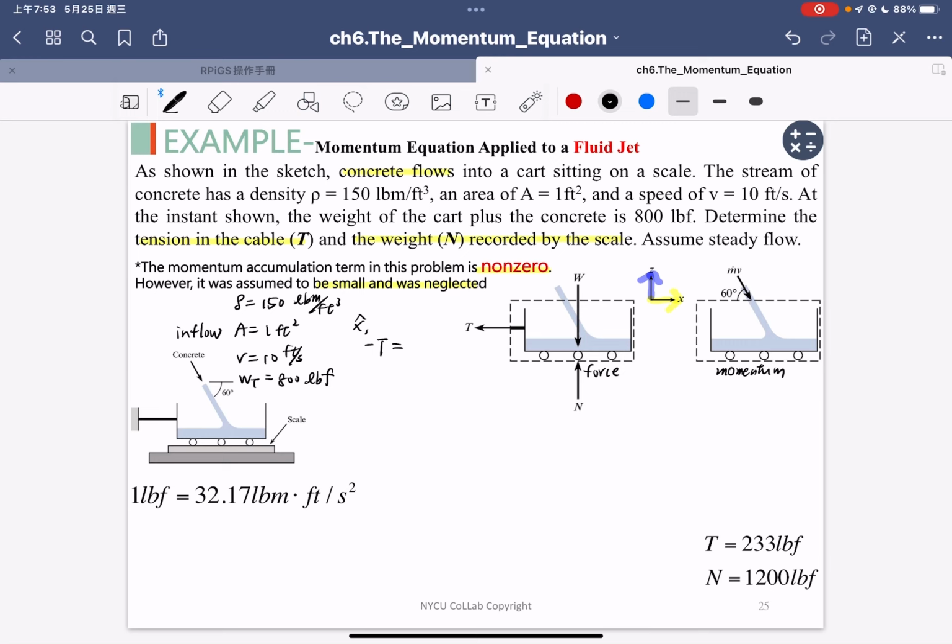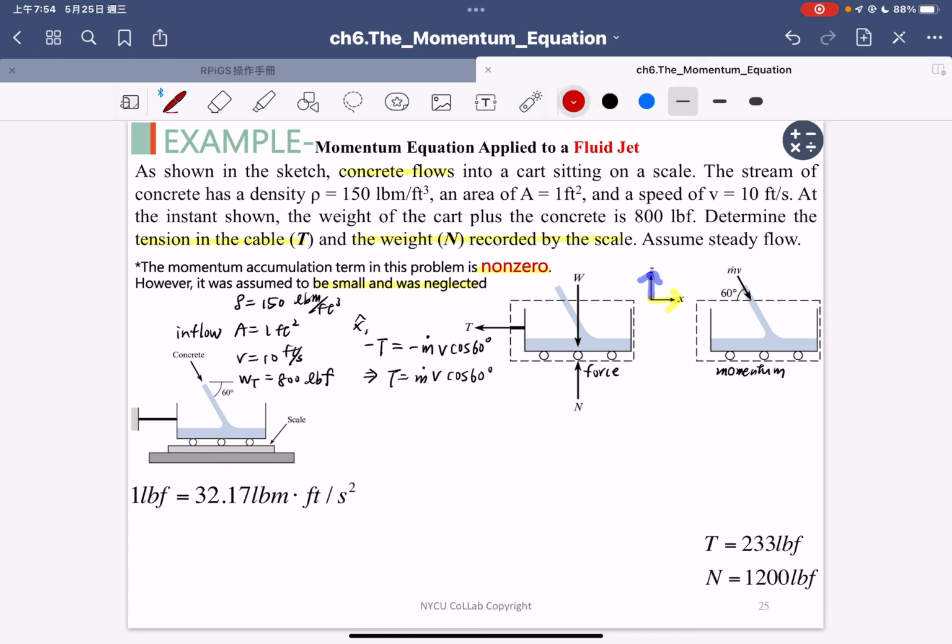So for the inflow, we have the minus mass flow rate, and the velocity projected into the x direction, so we multiply by cosine 60 degrees, and the velocity is in the positive x direction. So the tension force equals the mass flow rate multiplied by the velocity and cosine 60 degrees.